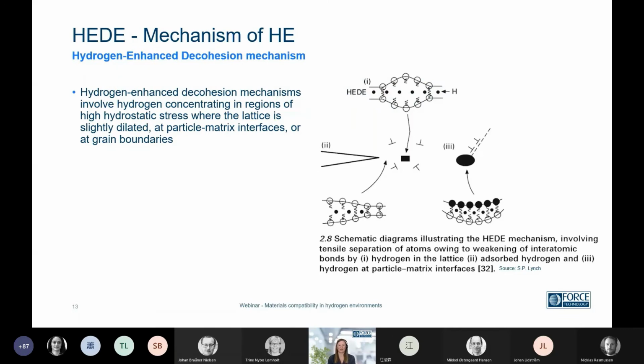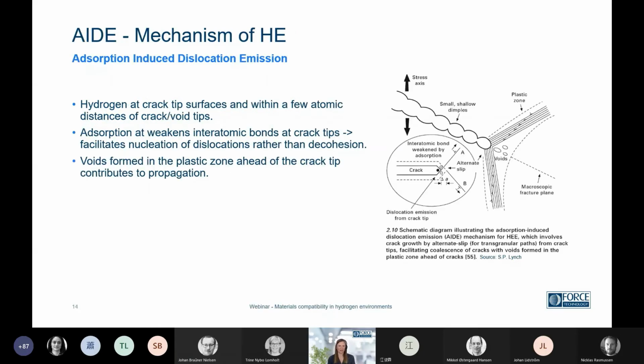Another mechanism is the hydrogen enhanced decohesion mechanism, where you have decohesion forces acting in the metal lattice, so sort of dilation of the lattice causing damage also. Then you have adsorption induced dislocation emission. So rather than decohesion, it's actually adsorption at the interatomic bonds of the metal lattice.